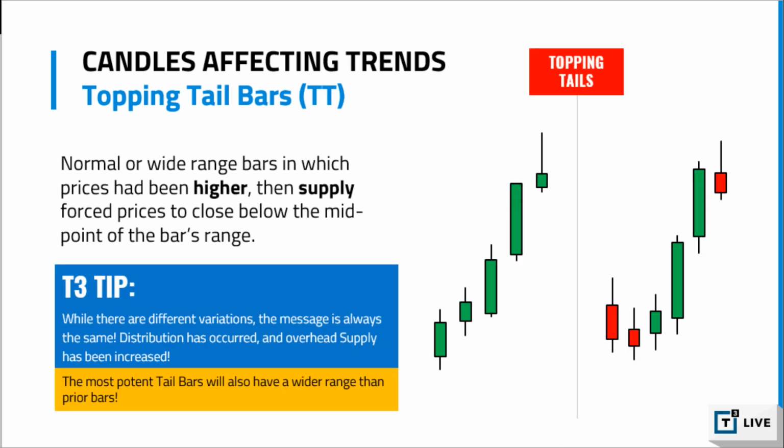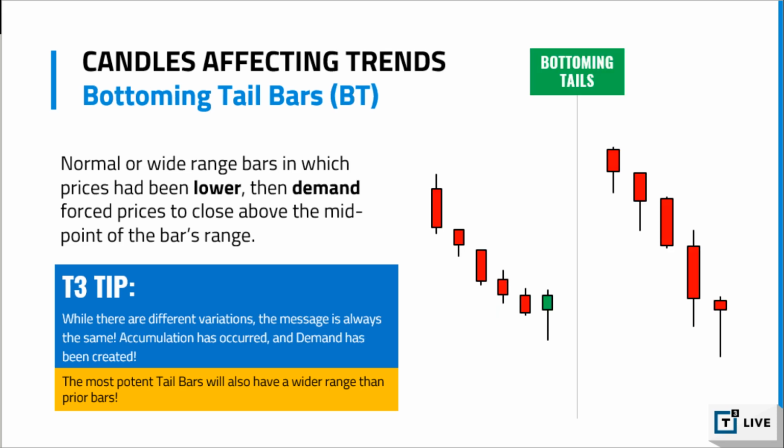What else? We talked about topping tails, how they form and why they are significant. We didn't really talk about the difference between this tail per se and that tail. There is a difference. We'll talk about that maybe in future sessions. We also talked about bottoming tails, how they signal the shift from selling to buying, and what bottoming tails actually really mean.